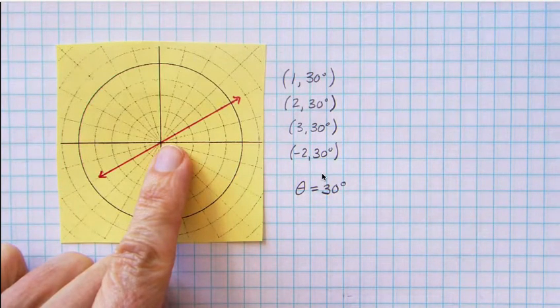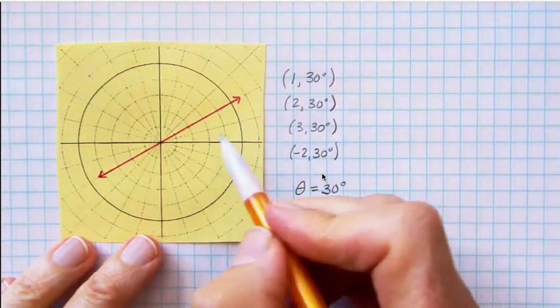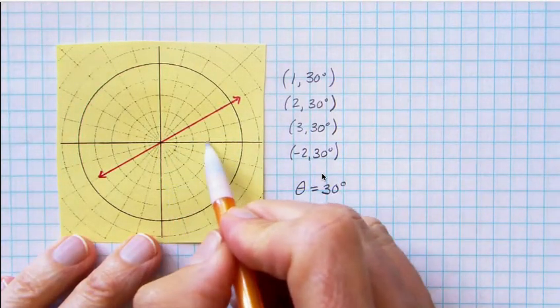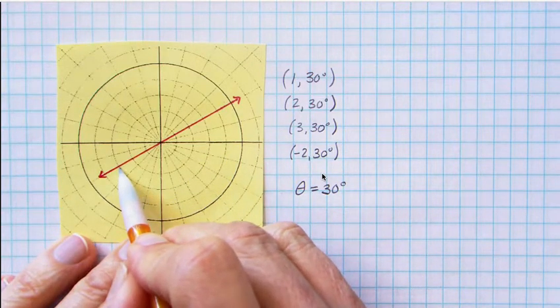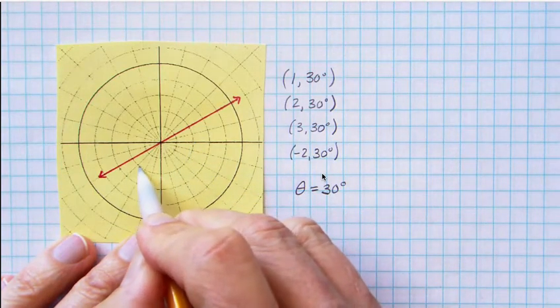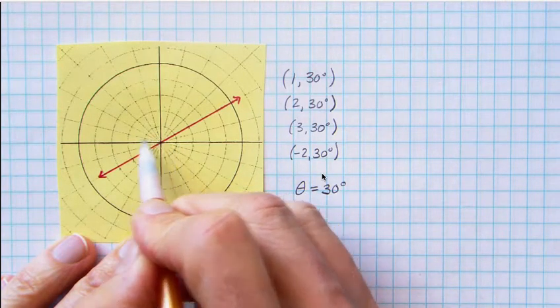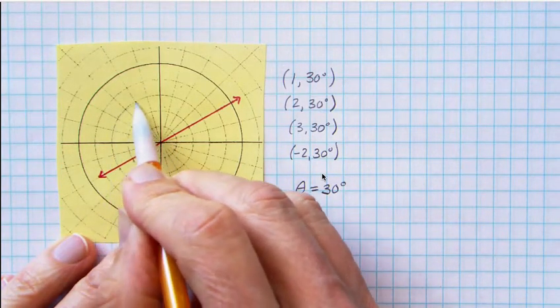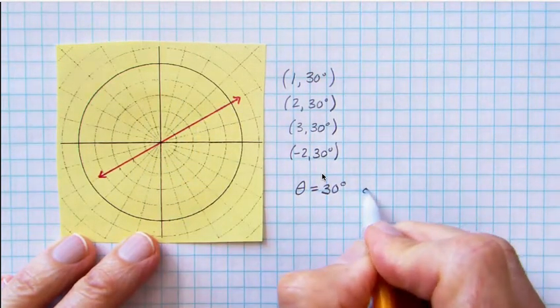Again, it's very typical in polar that there are multiple ways to describe things. Someone could say, I'm looking at it as if I go out 3 and rotate -150 degrees. Or if I go out 2 and rotate -150 degrees. If I go -3 and then rotate -150 degrees, that would work as well.